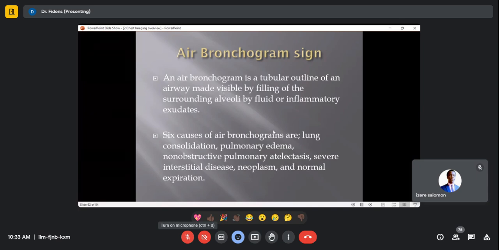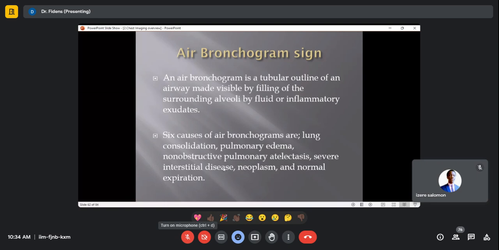Listen, the causes of air bronchograms are lung consolidation. When you say consolidation, it normally means there is fluid collection in the lung. Pulmonary edema, yes, because it's also fluid. Non-obstructive pulmonary atelectasis. Atelectasis is lung collapse. It is collapsed, but still some bronchi can have some air passing through them.